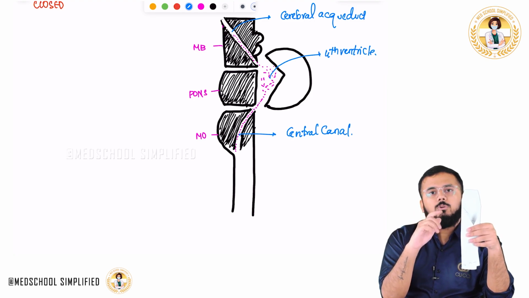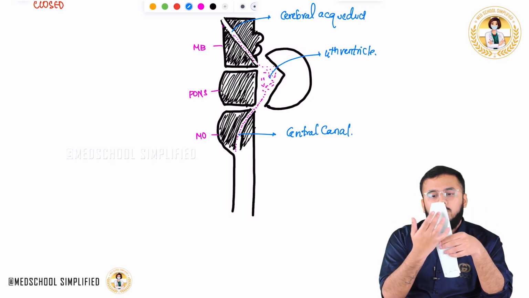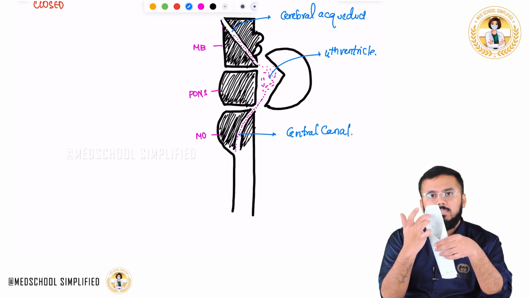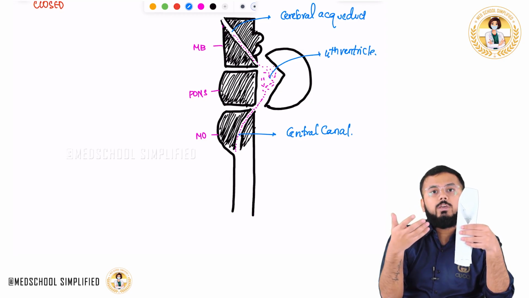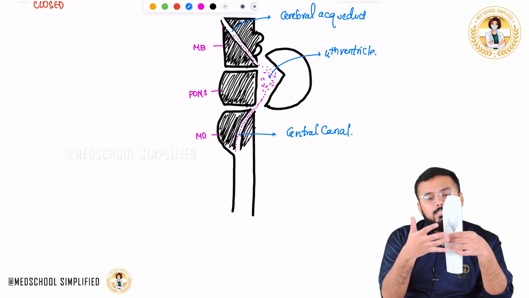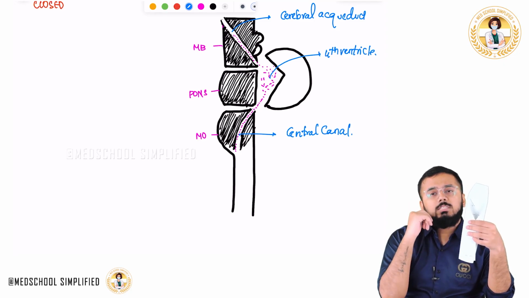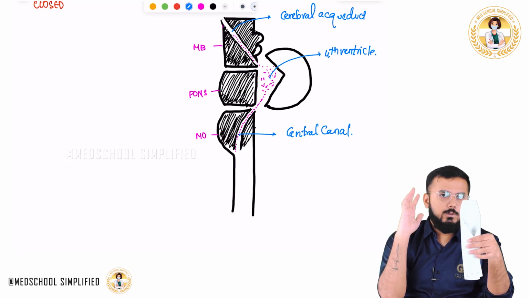That is the reason why I told you the upper part of the medulla oblongata is open. Why is it open? Because this canal, which you can see here, is called the central canal. So where is the central canal exposed? Is it exposed on the ventral side, or on the dorsal side? It is exposed on the dorsal side. On the dorsal side, is it exposed on the upper part or the lower part? In the upper part.